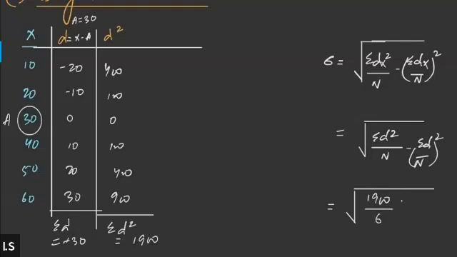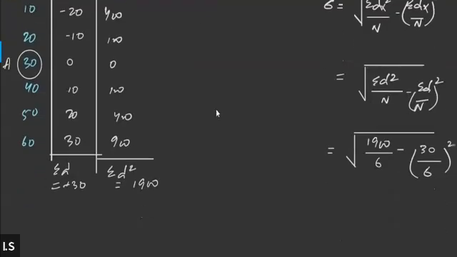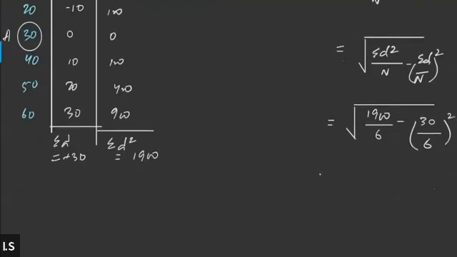We have 6 items, minus sigma d, which is 30, divided by 6 items, whole square. Now we will solve this. 1900 divided by 6 will be 316.67, and then 30 divided by 6 will be 5, the square of 5 will be 25.